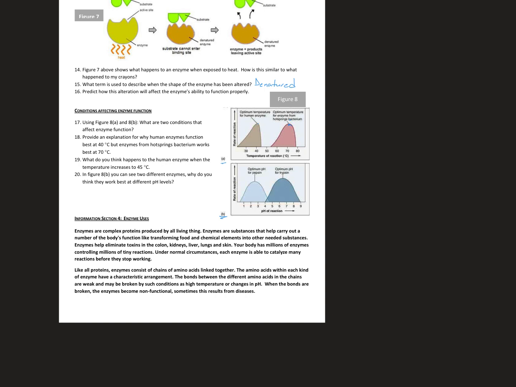Now, it's interesting that this is about the body temperature of a human. The average human body temperature is the optimum temperature of the enzyme found in humans. That makes sense. This is the temperature at which enzymes in hot springs exist. The bacteria in hot springs exist at this temperature, so it makes sense that their enzymes work at this temperature.